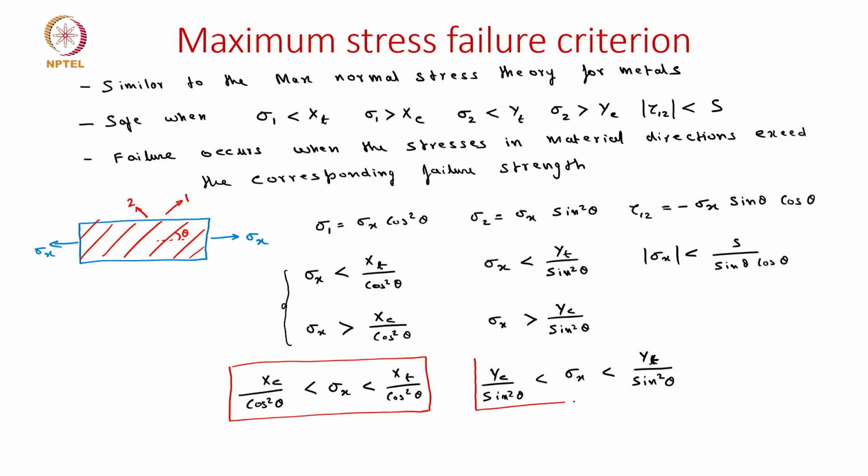The second takes care of strengths perpendicular to the fiber, both in tension and compression, and lastly the shear strength S. If we apply these three expressions, or the five failure criteria, then we can say whether a material fails or not. Even if one of these five failure criteria fails, then the composite fails.